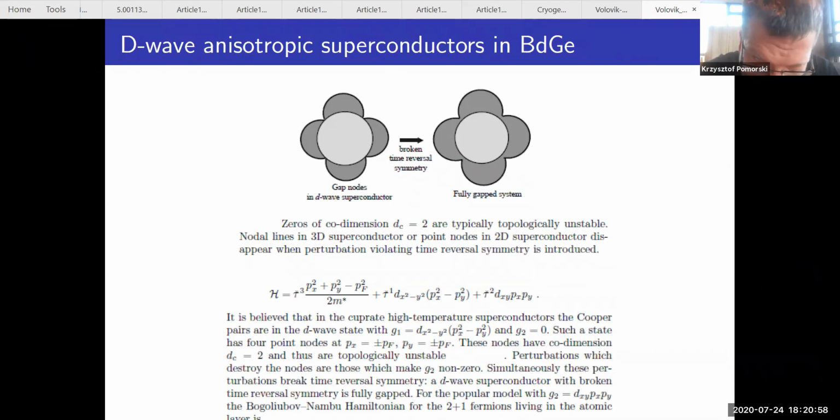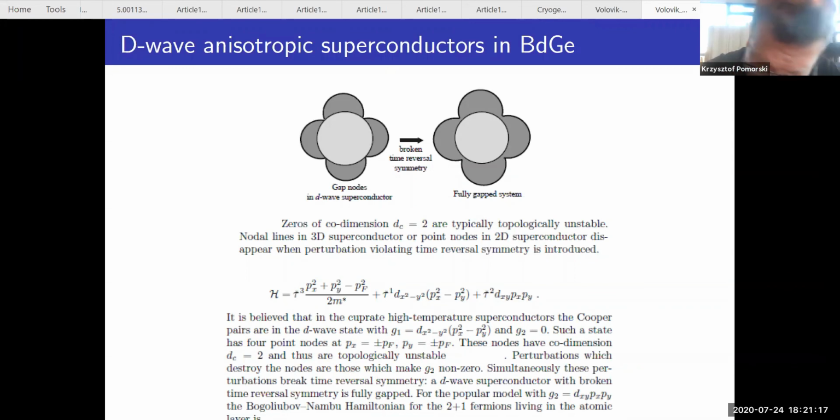The situation is quite analogous to the case of two types of phases in helium-3. So D-wave superconductors have so-called D-wave.